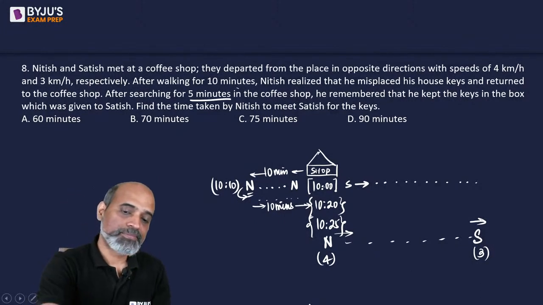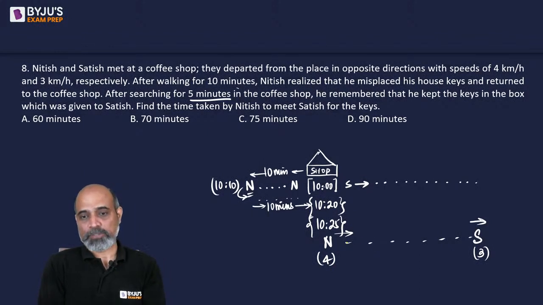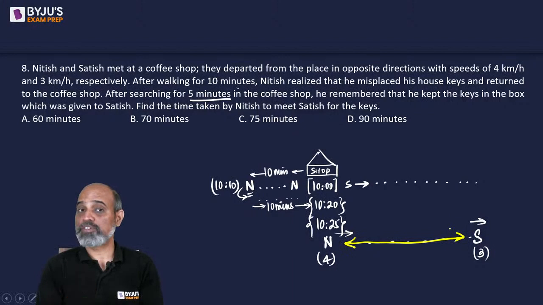See guys, the distance part is what we need to calculate. So this is the distance which Satish has covered so far. कितने time में? Can I say 10 o'clock to 10:25 by the time Nitish restarts from coffee shop? So 25 minutes tak Satish was covering this distance.